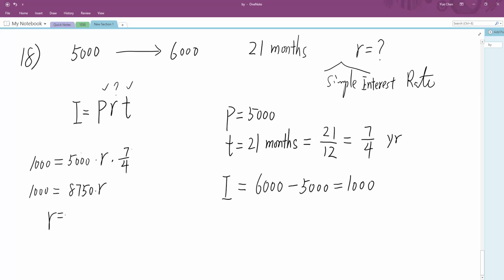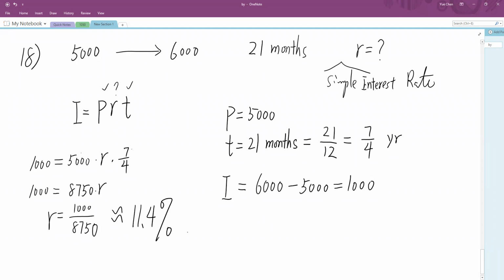So R is equal to 1,000 divided by 8750, which is, let me see, 1 decimal place. Okay, 1 decimal place for the percentage. So this one would be 11.4%. Which is 0.114, right? So it's 11.4%.